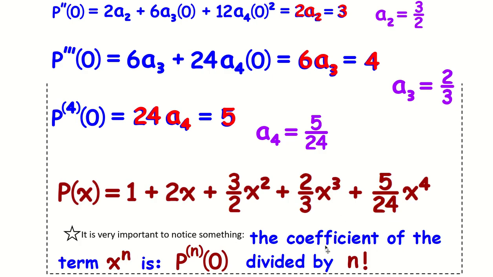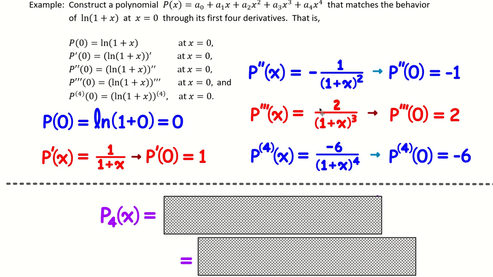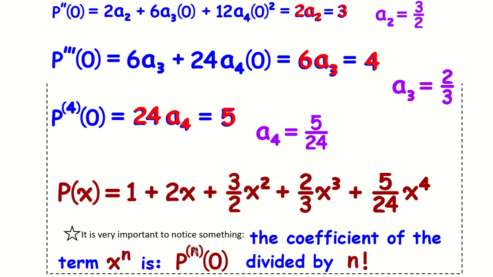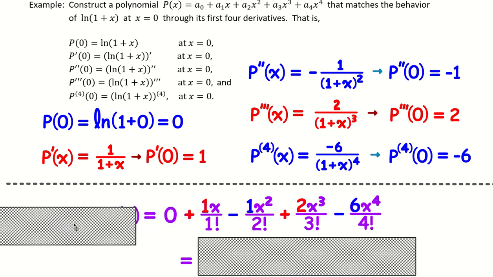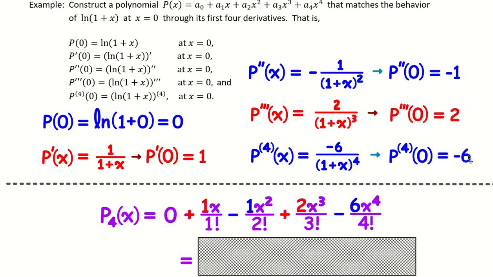The coefficient of each term, x to the whatever power, is going to be this divided by this. So what we just got done finding was all of these that we need. Like the 0, the 1, the -1, the 2, and the -6. And now we just have to put all of those coefficients along with whatever factorial.